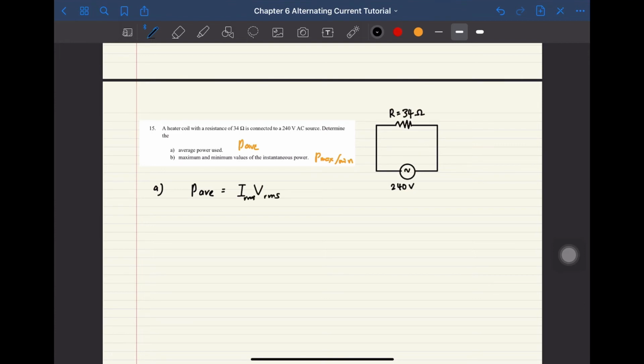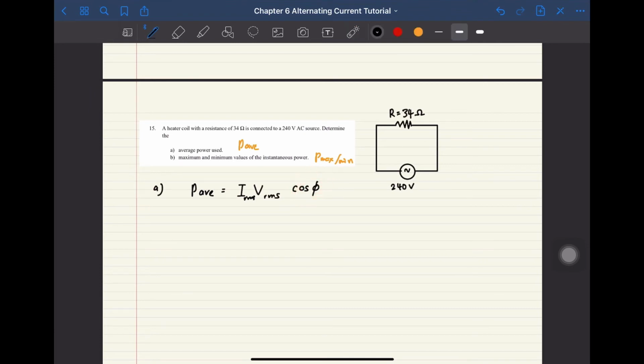But remember, if I use I RMS V RMS, I have to put cos phi over here. This is one of the main mistakes students make in exams when it involves power equations. If you want to use I RMS V RMS, you have to include cos phi. If I squared R or I RMS VR, you don't have to include the cos phi.